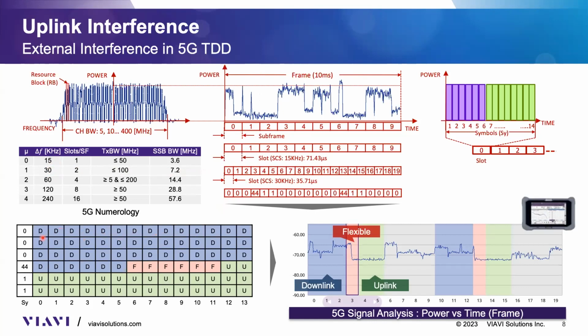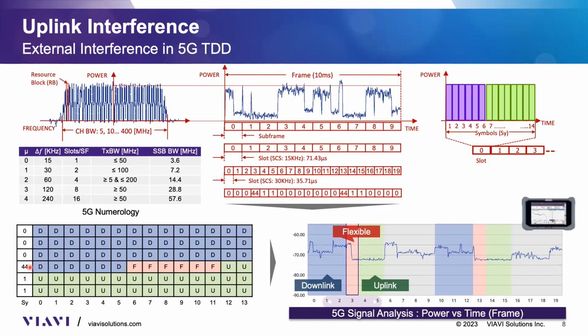How many? I have 14 symbols. So on the first one, for example, it's 0. So in this 0, I'm going to explode, if you will, all the symbols within that slot. And as you can see, this configuration is 0, meaning that all of the symbols are downlink, and so on and so forth. So we have a sequence here, but then I have a transition.